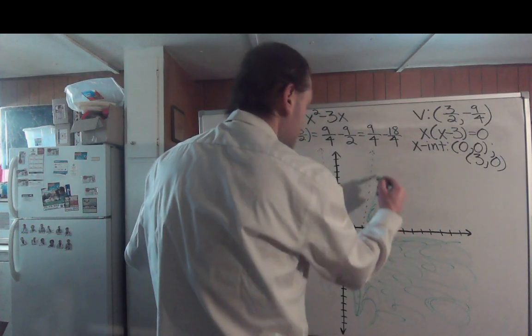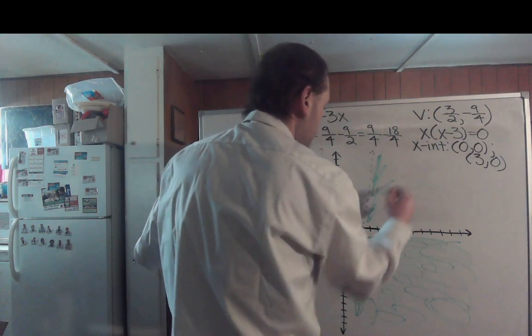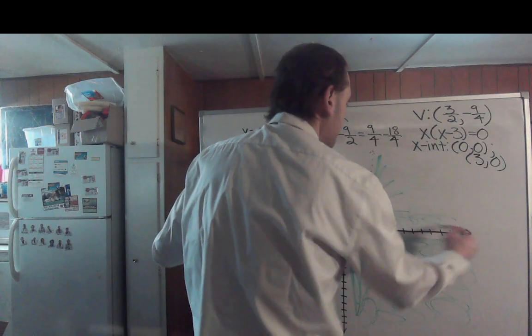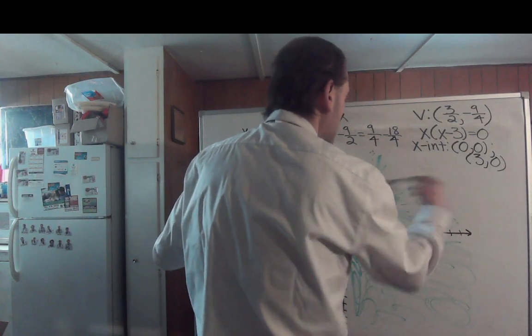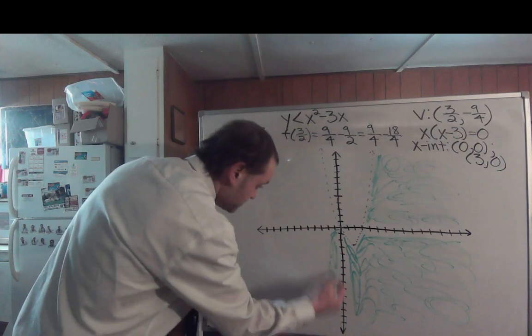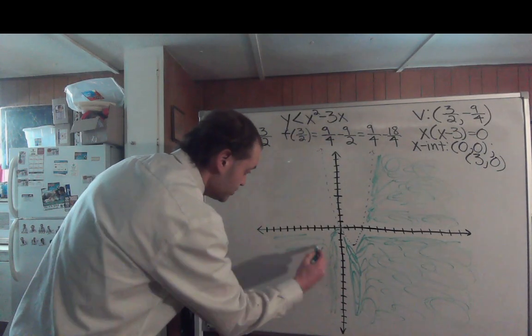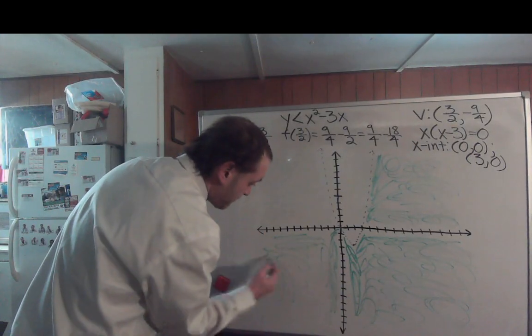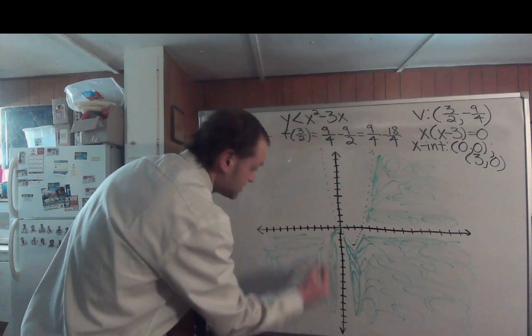And of course, as you get higher up, it's going to look like to the right of the parabola. It's basically everything outside the parabola would be shaded. And then, for good measure, let's do down here too, so you can really appreciate the solution to this. It's a hot mess.